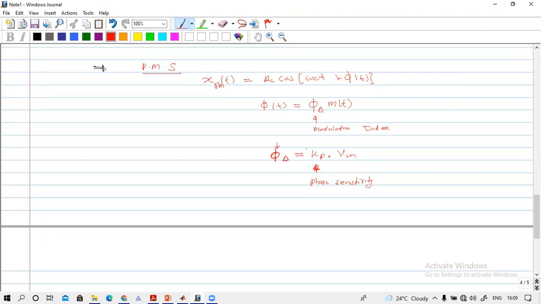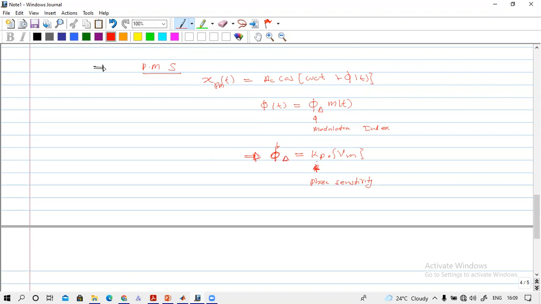With this identity, you can understand how our message signal amplitude is related to the modulation index. That is why I introduce this Kp parameter, the phase sensitivity.